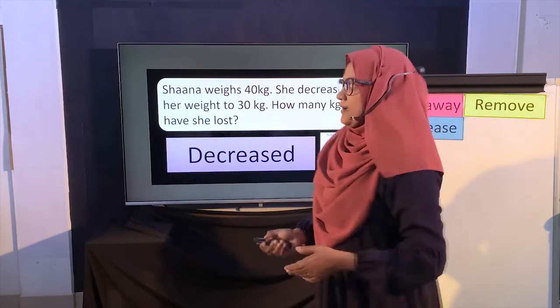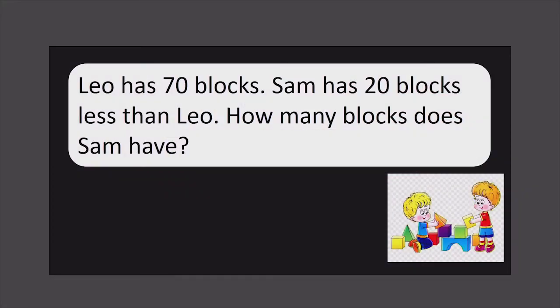We will see another question. Leo has 70 blocks. Sam has 20 blocks less than Leo. How many blocks does Sam have? Now think carefully and find the vocabulary which is related to subtraction. So have you found your answer?